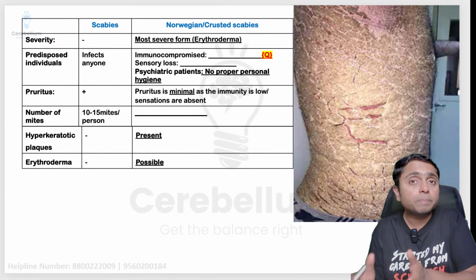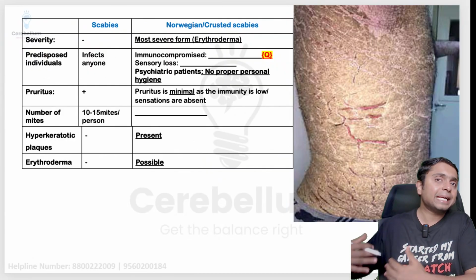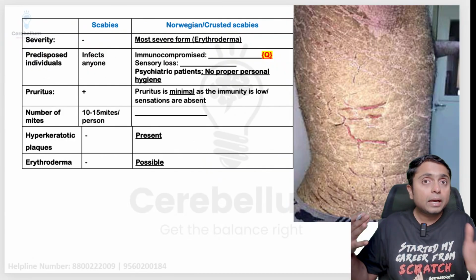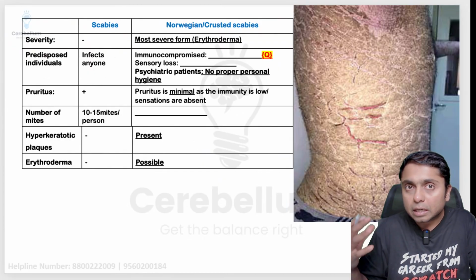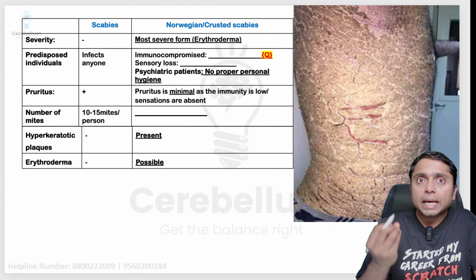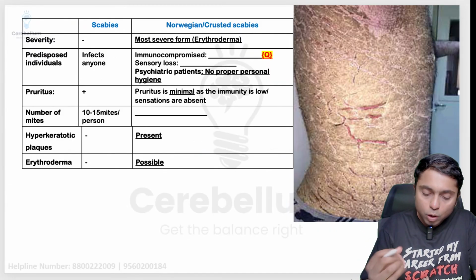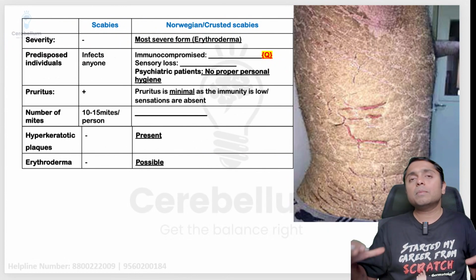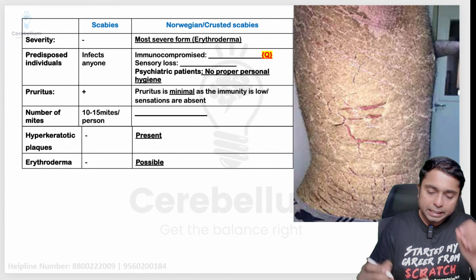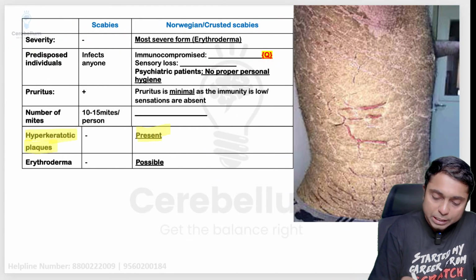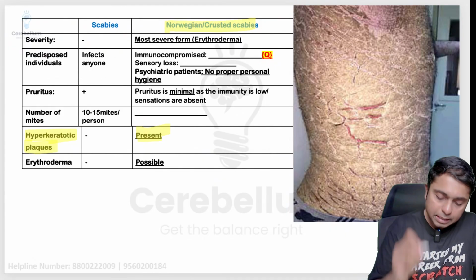You are able to see this picture from the side angle of a patient's trunk. Okay, this is the entire trunk. You are able to see that the trunk is covered by very thick hyperkeratotic plaques. Okay, all over the body, almost entire body will be affected like this, and the entire body is going to be having hyperkeratotic plaques in the case of Norwegian or crusted scabies.